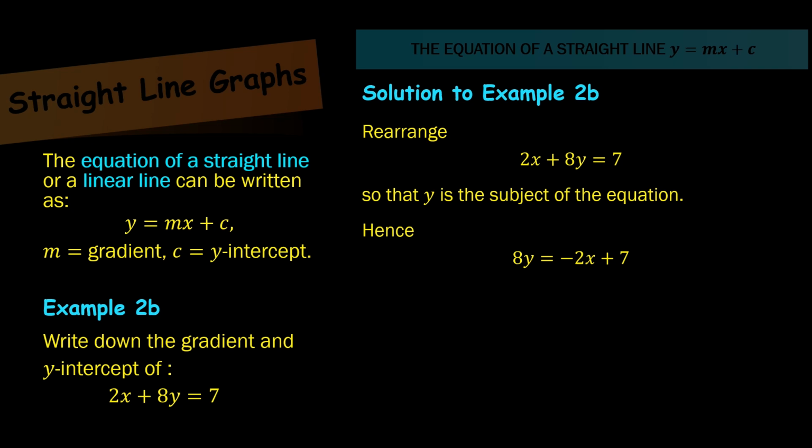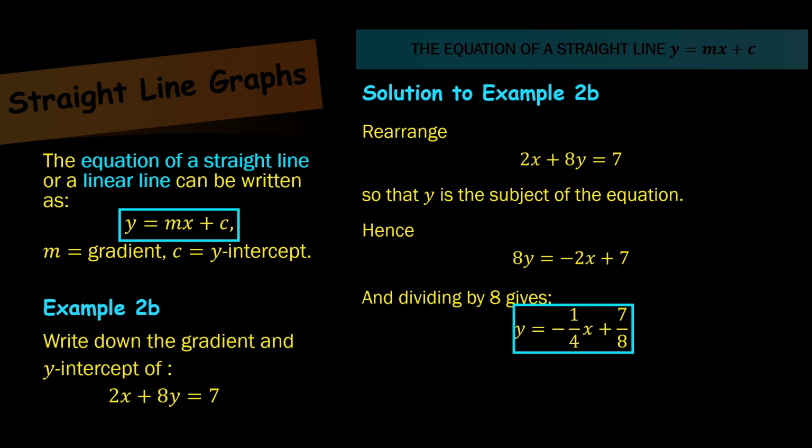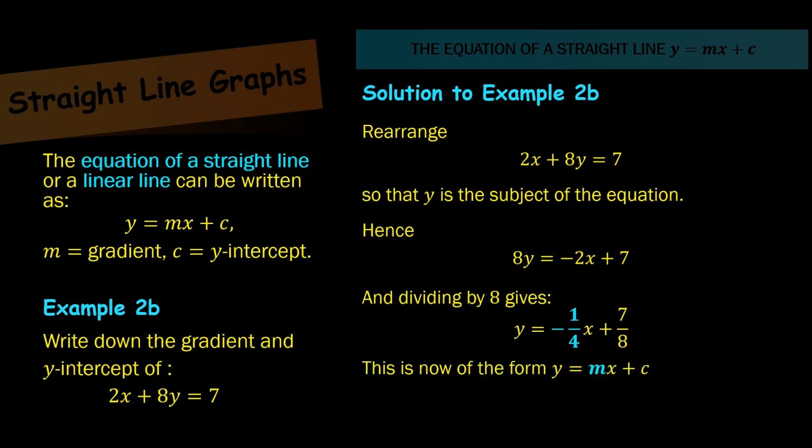Here we've subtracted 2x from both sides. Now we can divide by 8 to give us y equals minus 1 over 4 x plus 7 over 8. The equation is now in the form y equals mx plus c, and therefore m equals minus 1 over 4 and c equals 7 over 8.